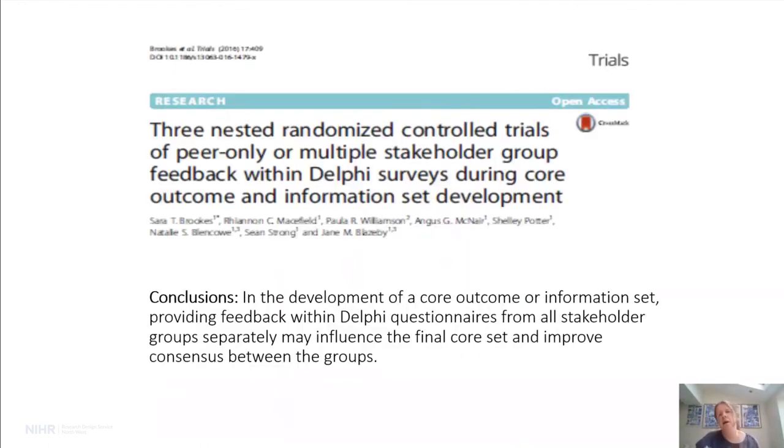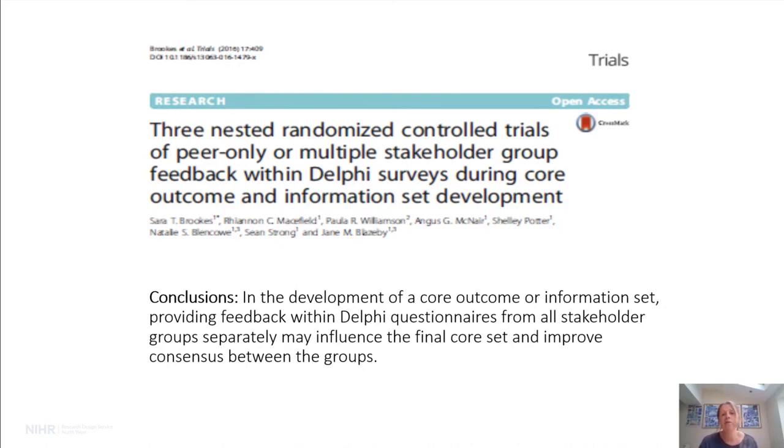So there's also evidence now from nested randomized studies that when you do the feedback, patients and healthcare professionals, as 2 stakeholder groups, are not always going to agree about what outcomes are core. What we're trying to do is get to a consensus between them about what they do agree on.